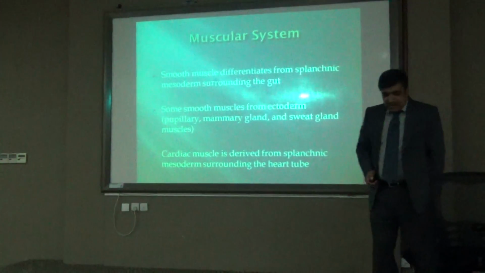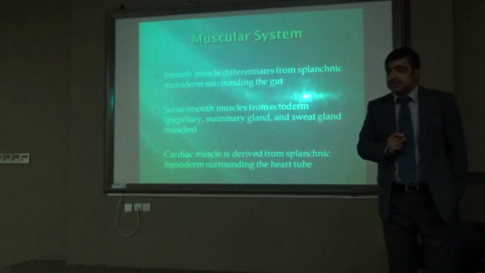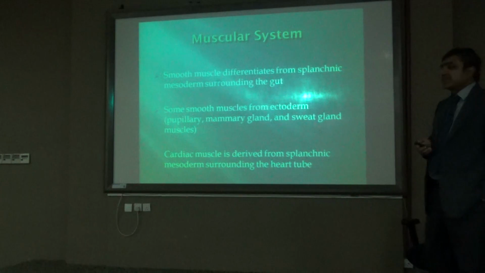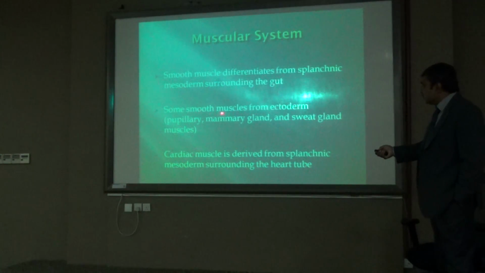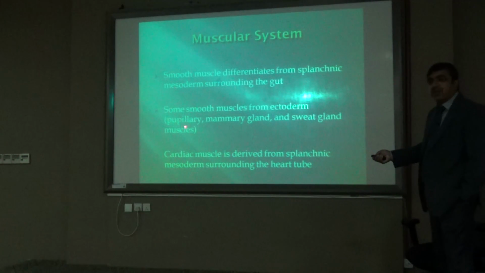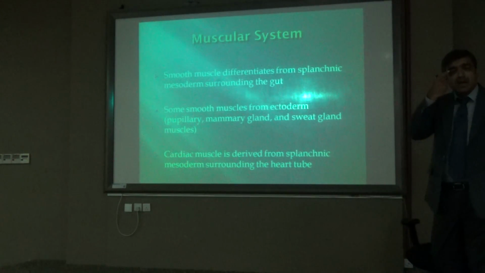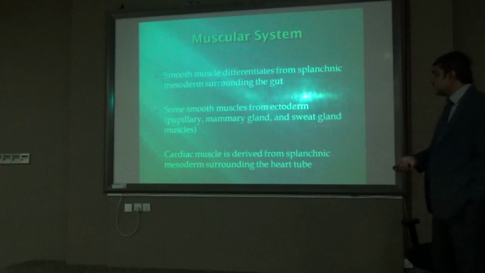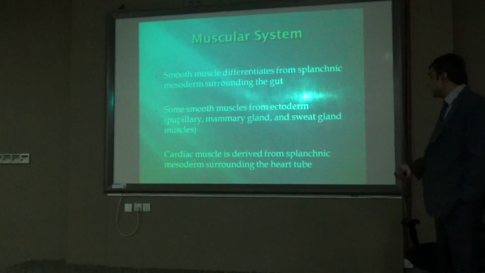As I told you earlier, few exceptions of the muscles are not derived from the mesoderm: the smooth muscles which derive from ectoderm, pupillary muscles. Where are the pupillary muscles? Pupillary muscles, mammary gland, they derive from the ectoderm.